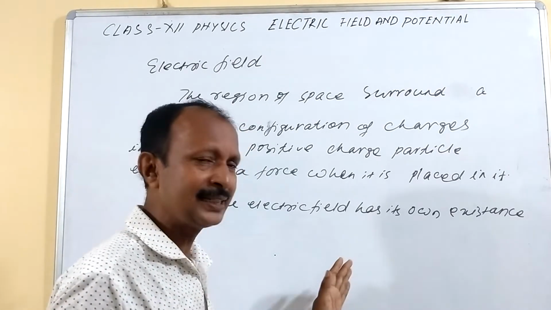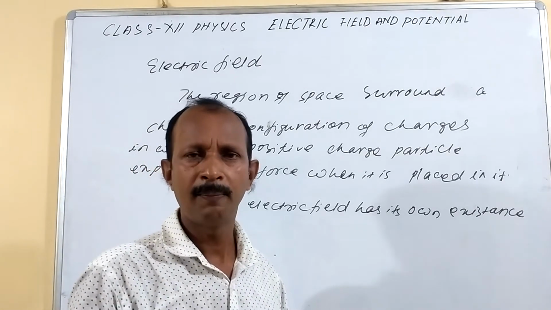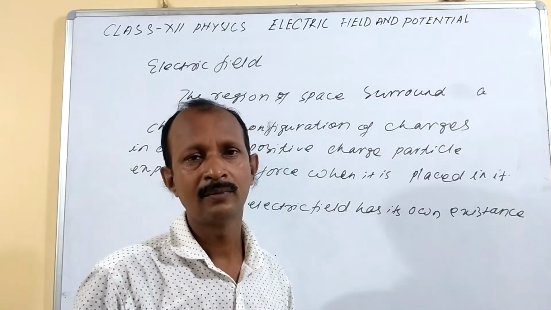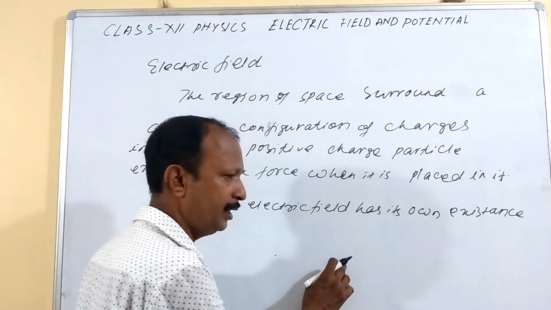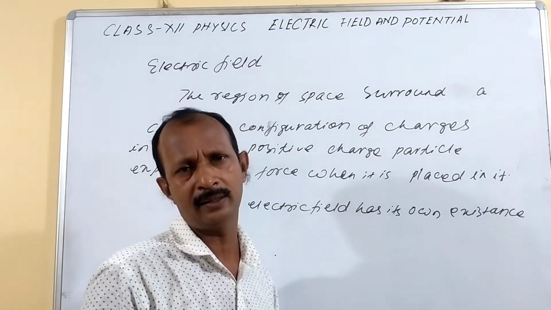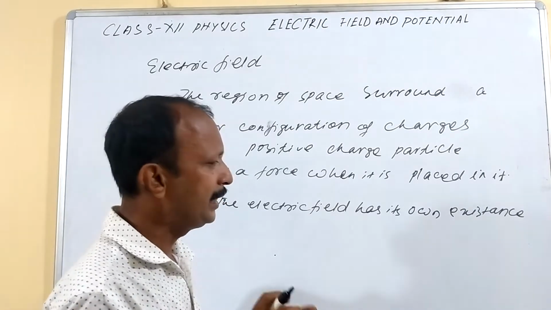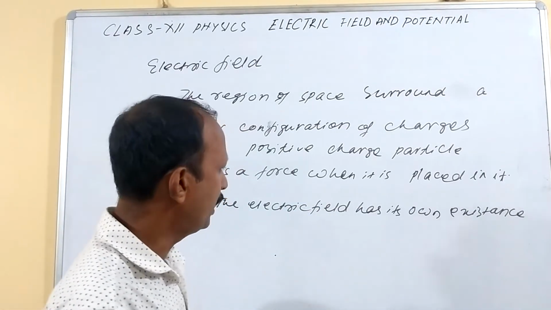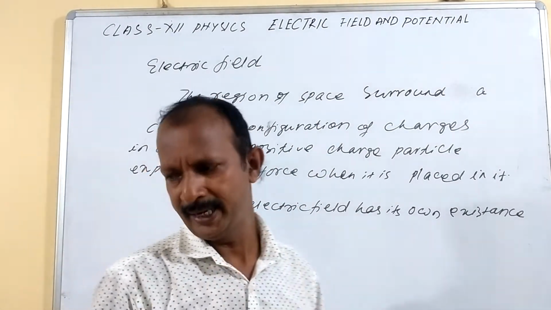Whether other charge particles are there to experience it or not does not matter. But definitely, it will create its own electric field. That's why I said that the electric field has its own existence.